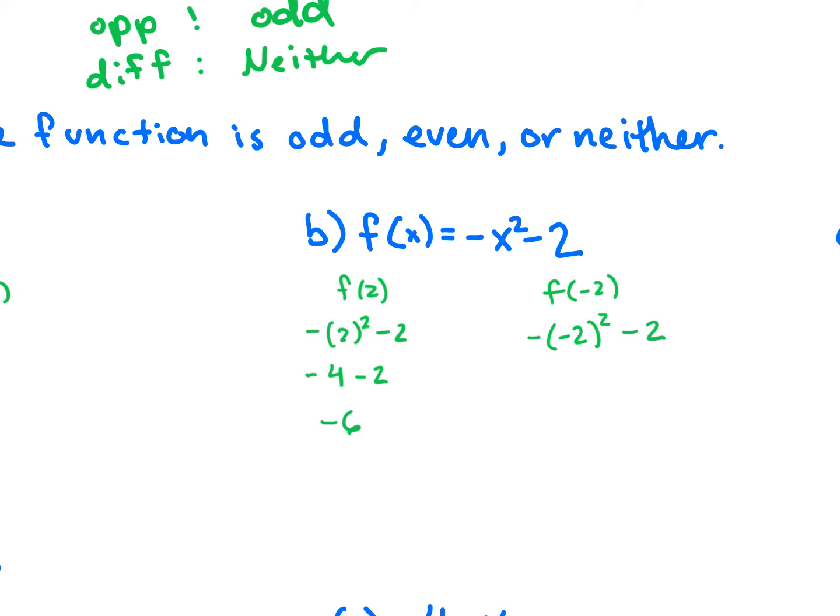So we can't make this a positive. You have to square it first, and then that negative stays on the outside. So negative 2 squared would be positive 4, and that negative stays on the outside. So it's negative 4 minus 2, which would be negative 6. Since these are the same, this would be even.